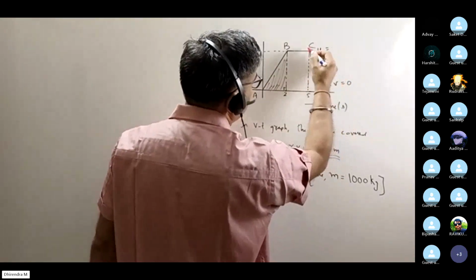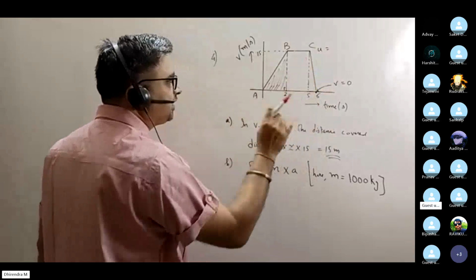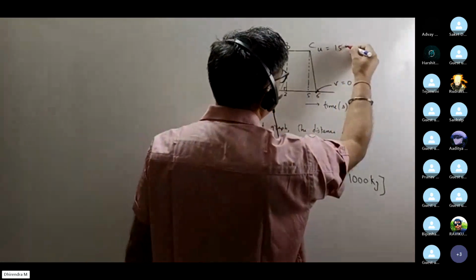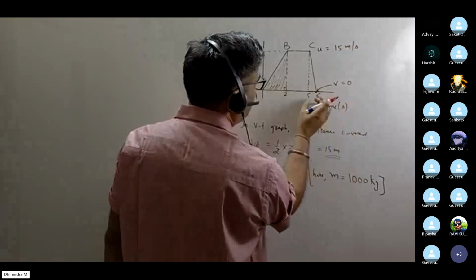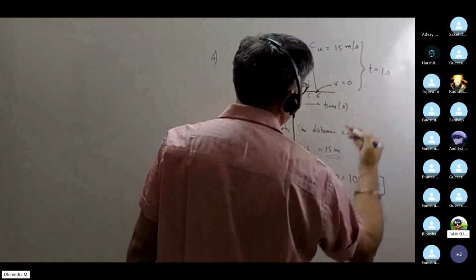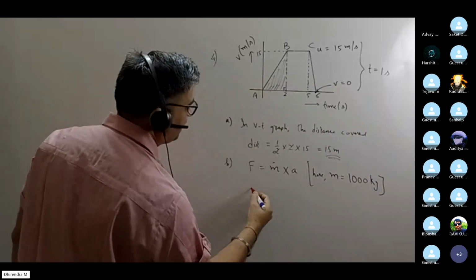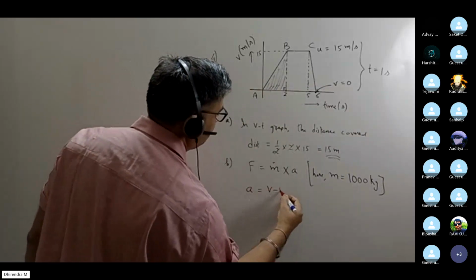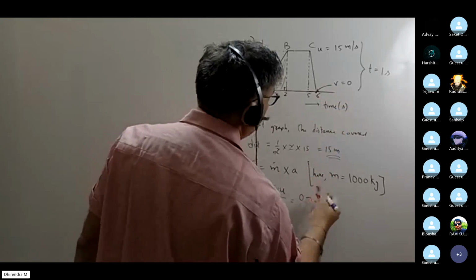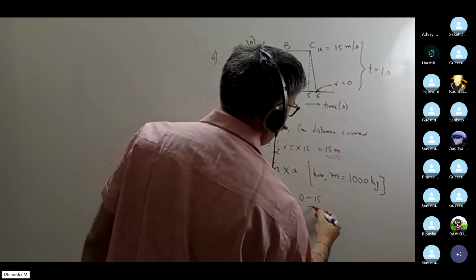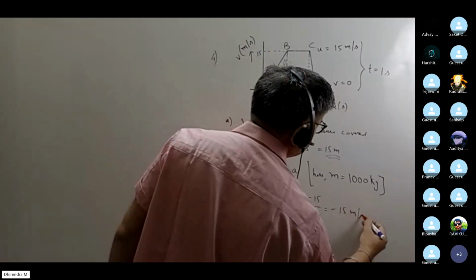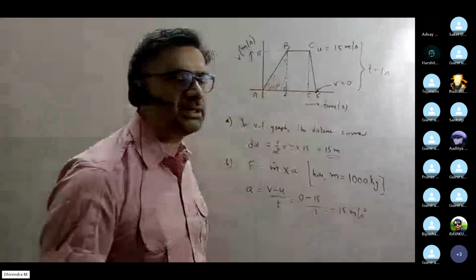What is the initial velocity? When you are considering only this segment of the motion, then you all agree that u is equal to 15 meters per second. And what is the time in which this has happened? 1 second. So can I not calculate acceleration as (v minus u) by t? v is 0 minus 15 by 1. So this is minus 15 meter per second square. Sir, why am I getting this minus sign?